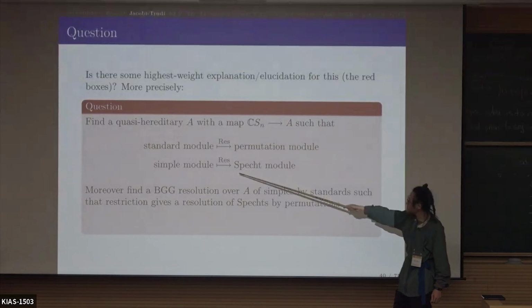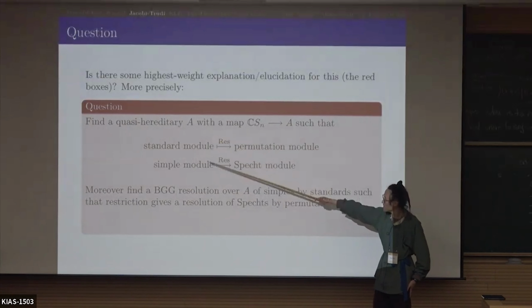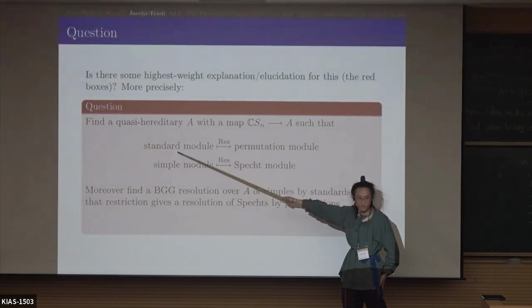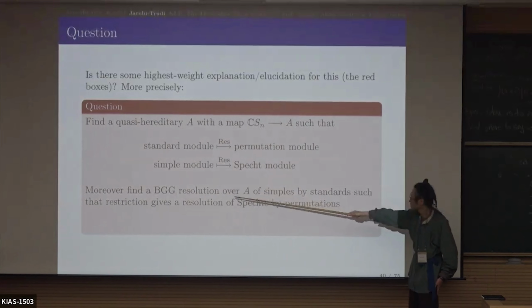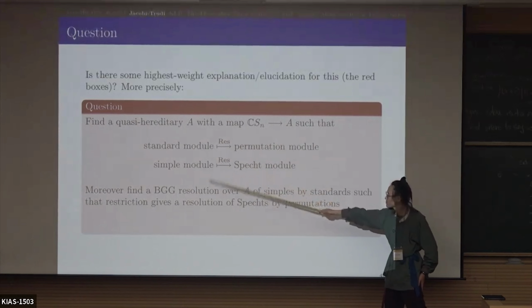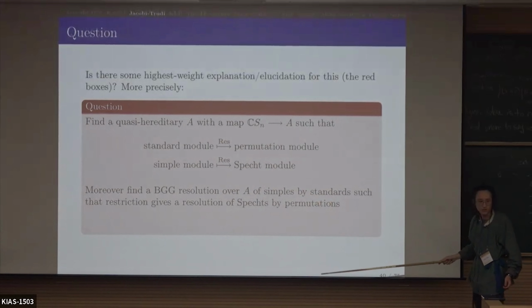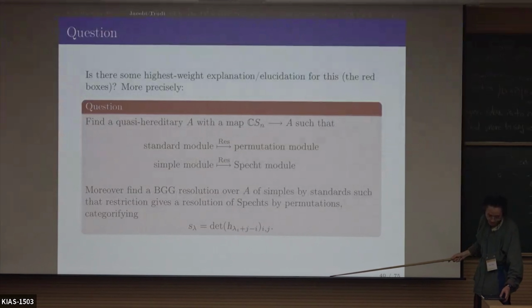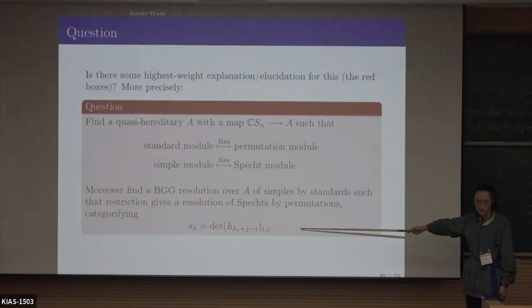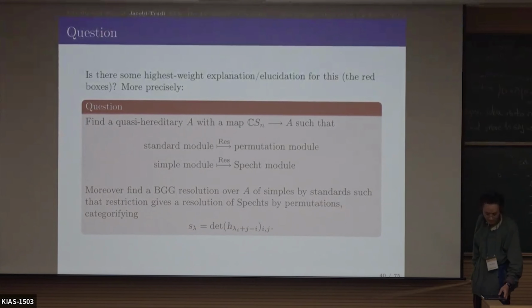And I want there to be a BGG resolution over A, i.e. a resolution of simples by Vermas, such that restriction gives you a resolution of Specht modules by permutation modules. And this should categorify the Jacobi-Trudi determinant formula when you take the alternating sum of characters. So that's the goal here.